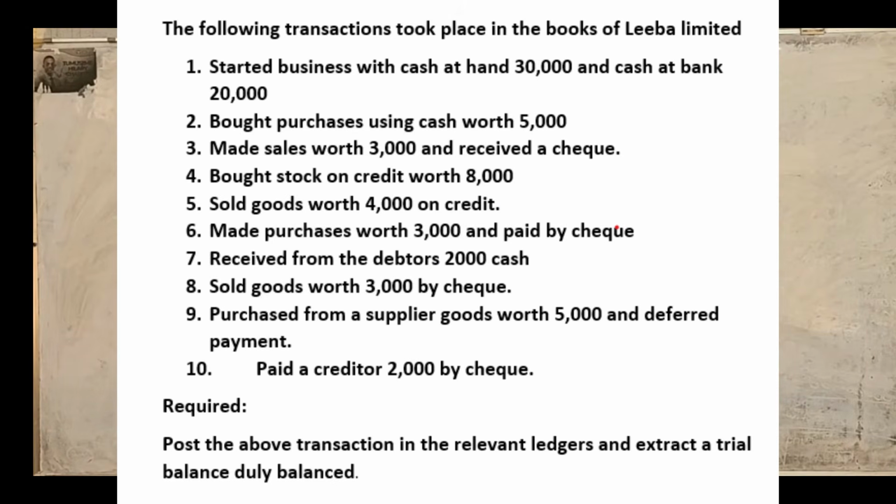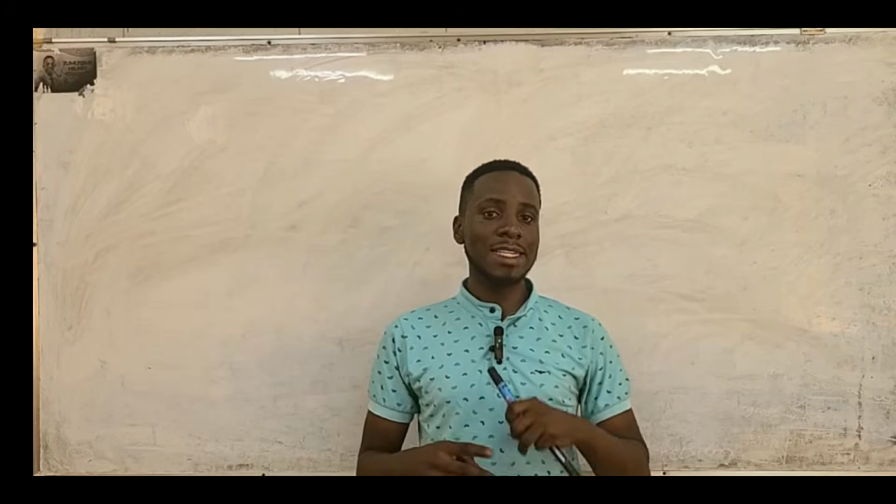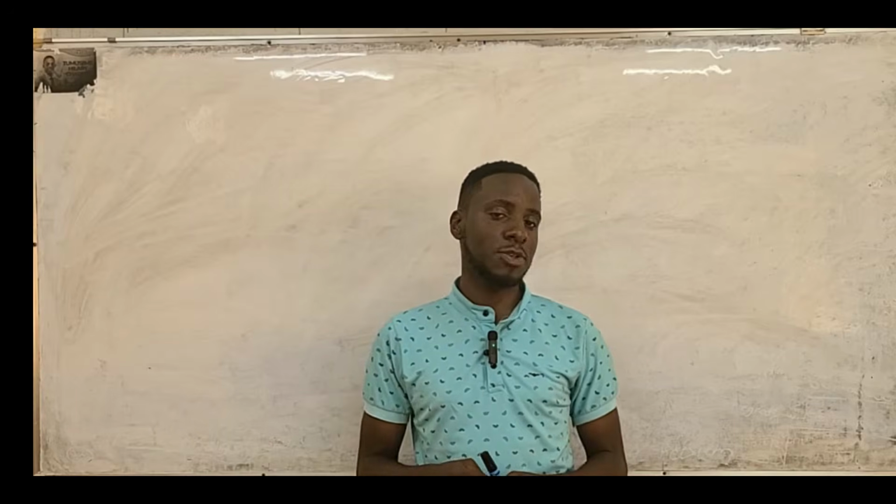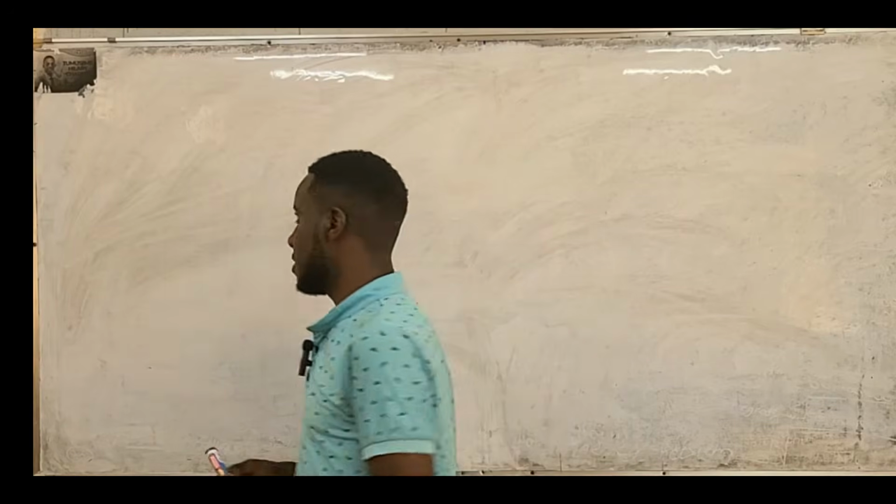Remember I told you that the statement or the transaction that they give you determines which account you're supposed to open up. For this instance, you're supposed to open up a bank account, the cash account. And since these are the things that we started with, the corresponding credit account should be the capital account. So let's have a look at it.